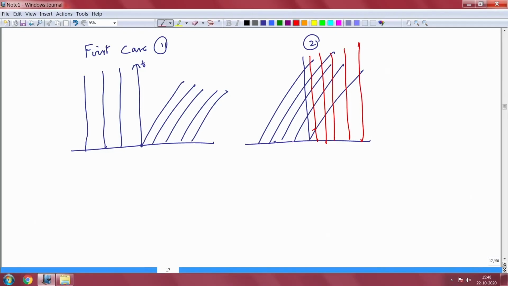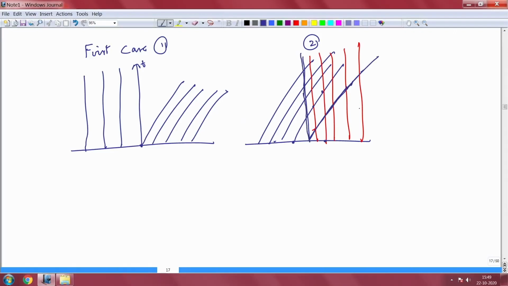It takes the value 1 from here, it takes the value 0 from here, and wherever they intersect there is an issue. So there is an issue along this region.